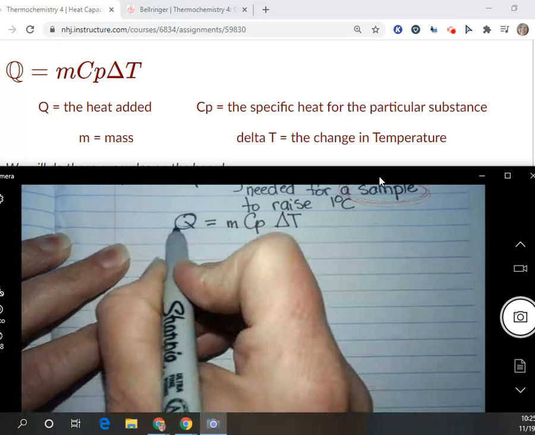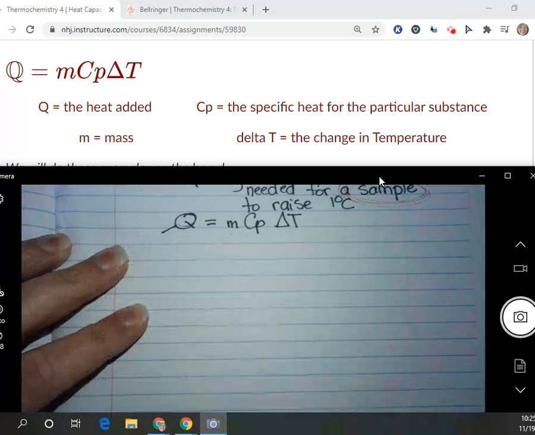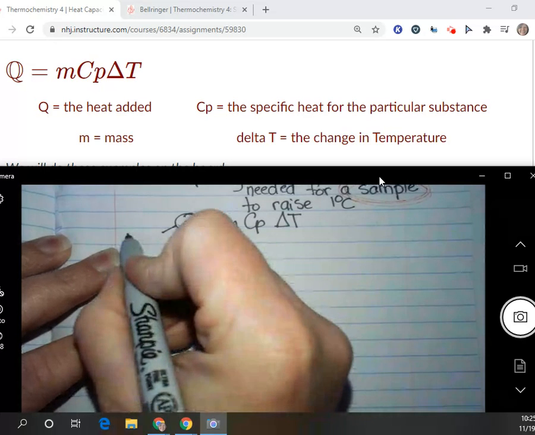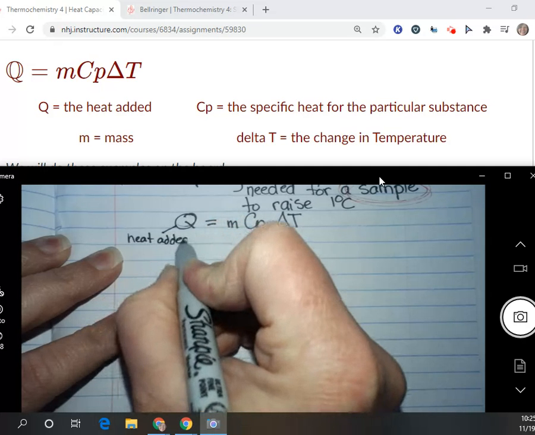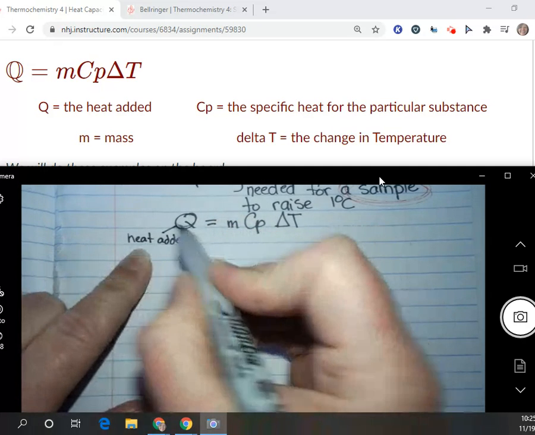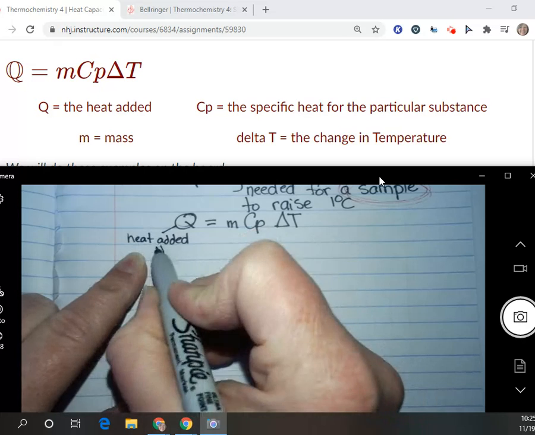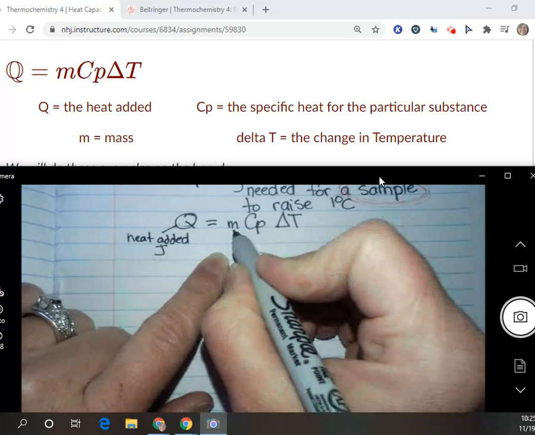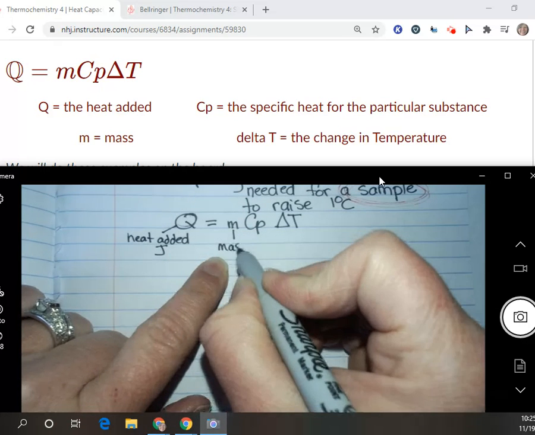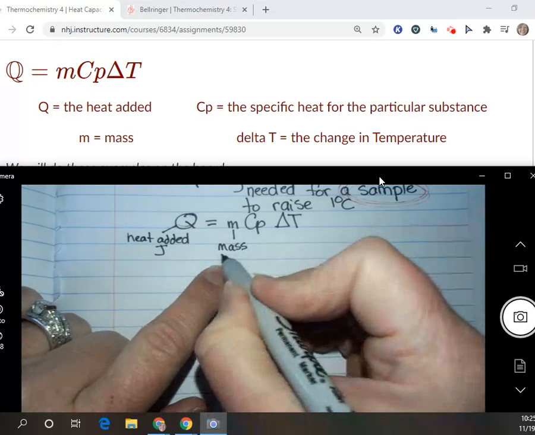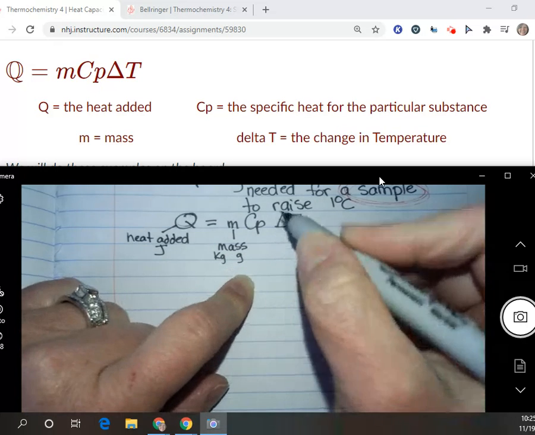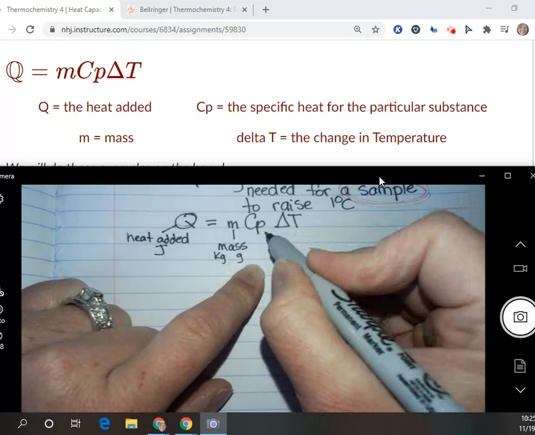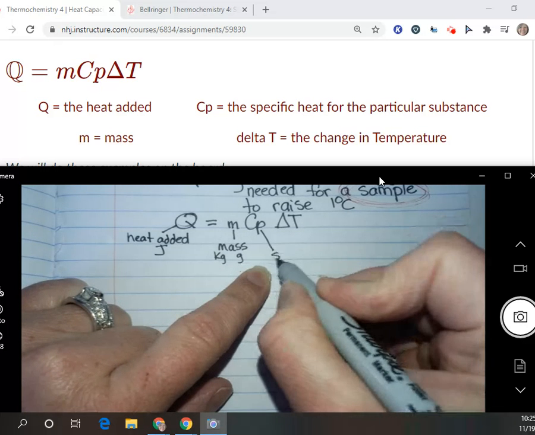Q is the heat added. So if Q is heat, we know that Q is going to be in joules. M is the mass of the sample, and that's going to be in kilograms or grams. We have to look at our problem when we're doing that. We're thinking about it. CP is the specific heat.